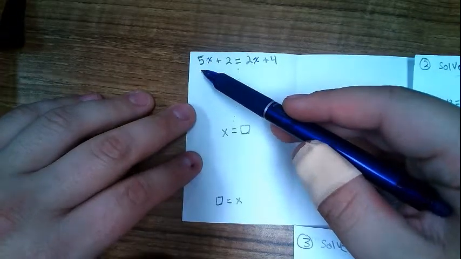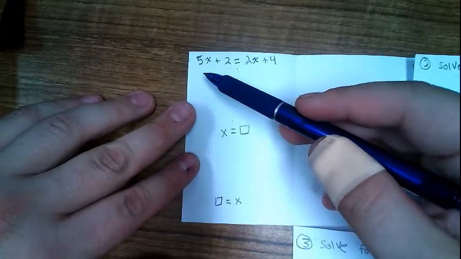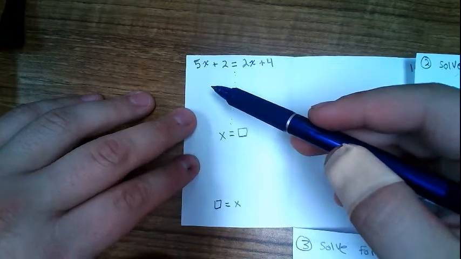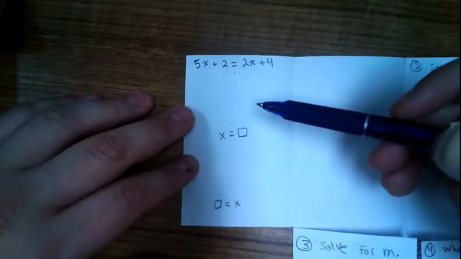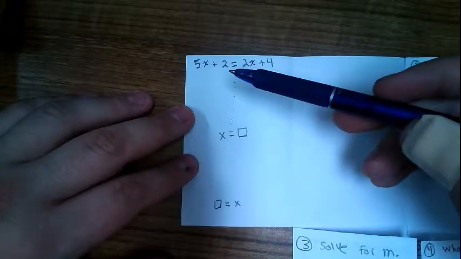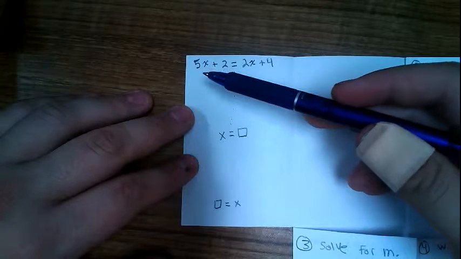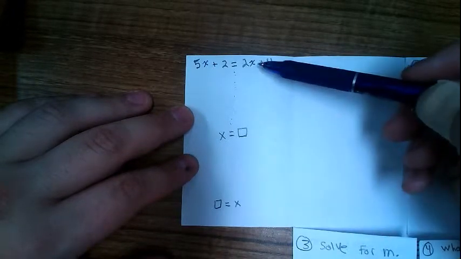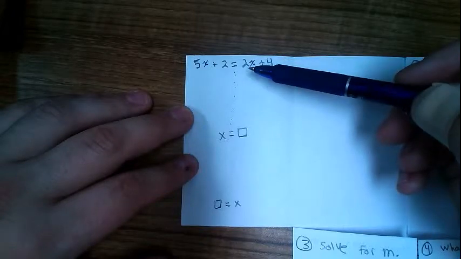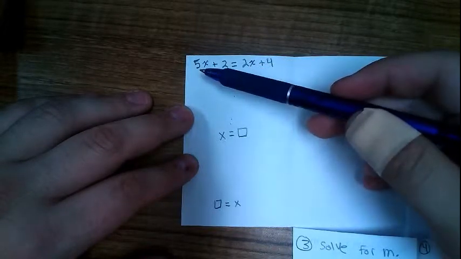So you kind of have to be strategic in your thinking about what you want to work with. Let me explain my thought process when I see a problem like this. If I see that I have more x's over here than I have over here, right, I have 5 x's here and 2 x's here, I'm going to move this one over here.